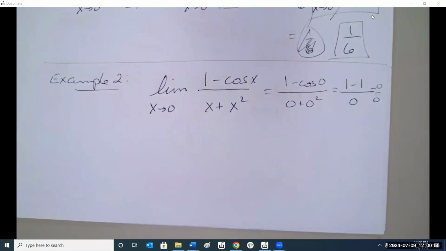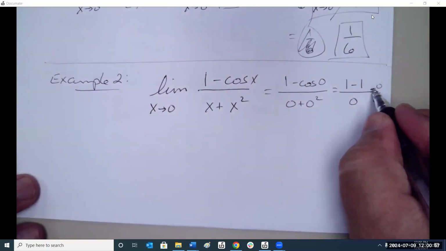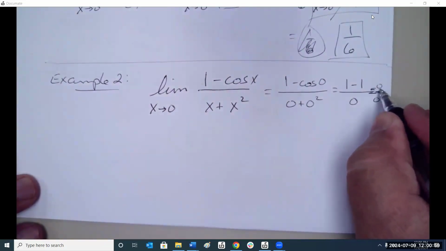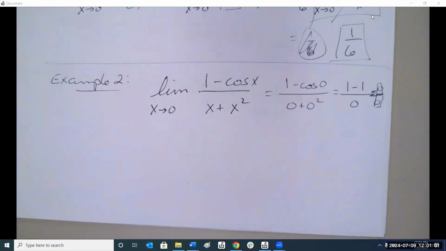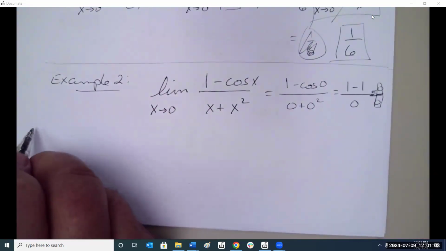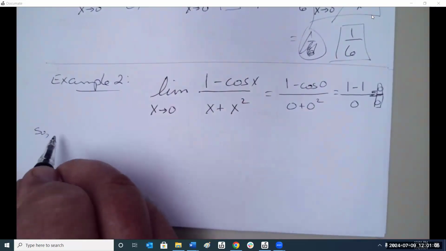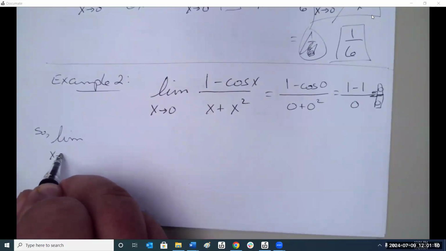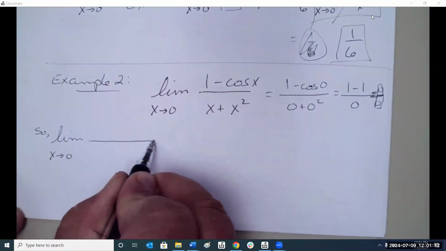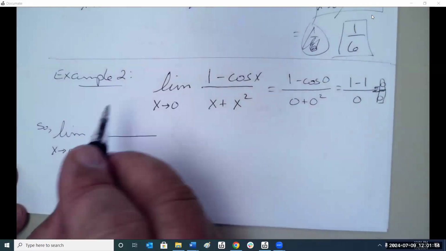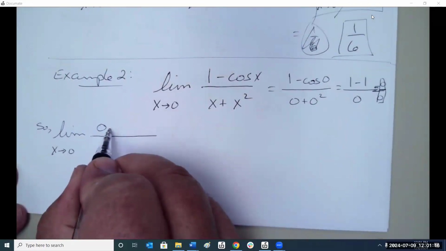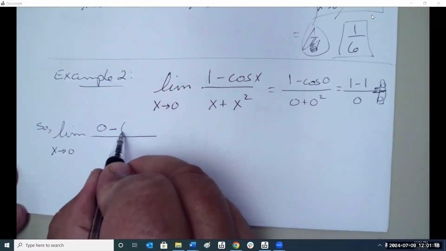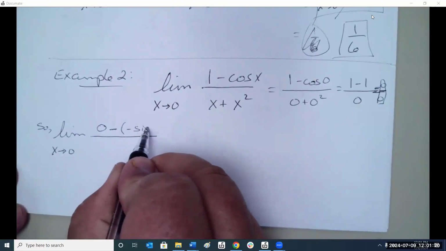So it's indeterminate, which means we can use what? L'Hopital's. So take the derivative of the top and bottom separately. Derivative of 1 is 0. Derivative of cosine is negative sine x.